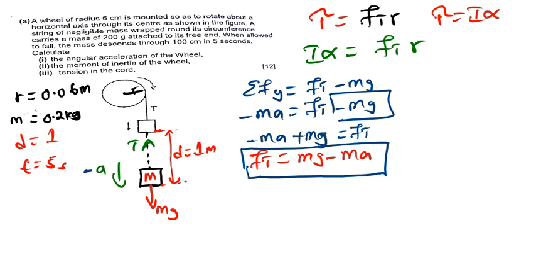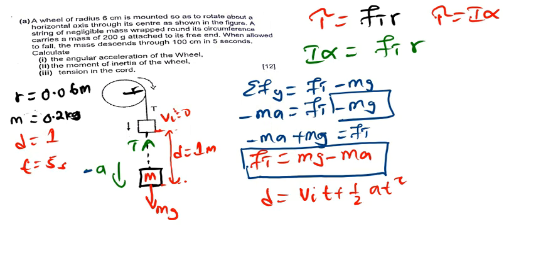We can find the acceleration because it started from rest. We know the initial velocity, meaning it was 0. I want to find the acceleration using this formula: d is equal to initial velocity times time plus half acceleration t squared, because it was coming down.